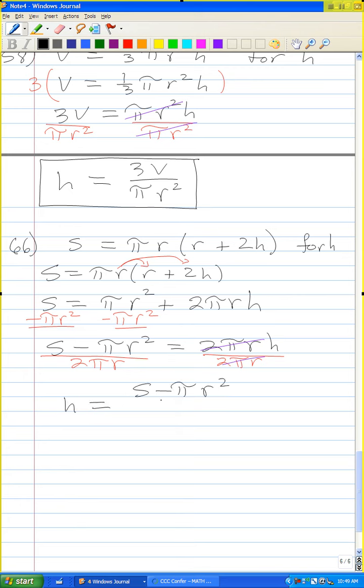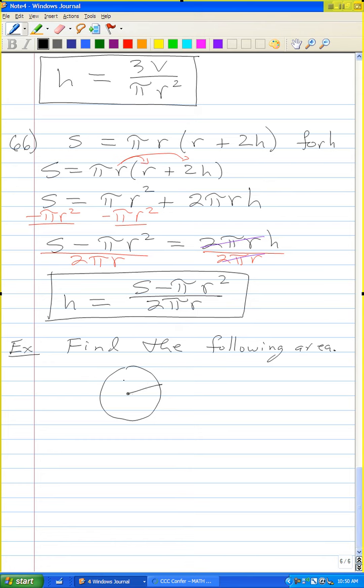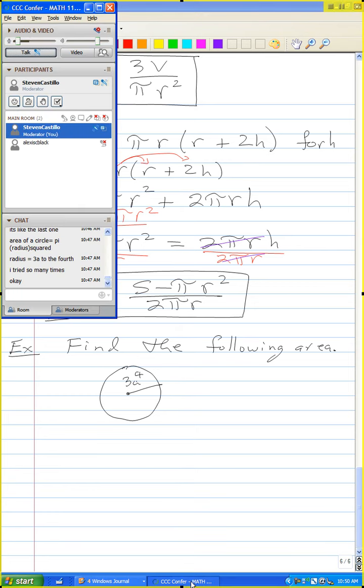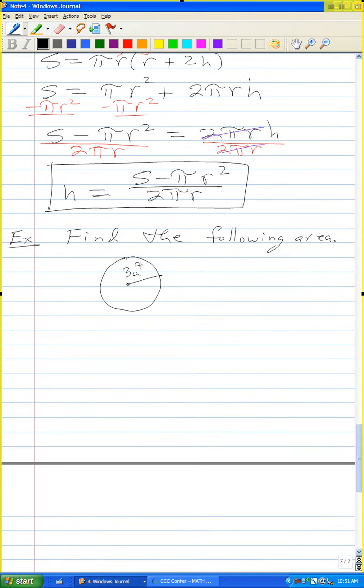So I have a circle, and you said 3a to the fourth. I have a circle with a radius of 3a to the fourth. I know that the area of a circle is pi r squared.